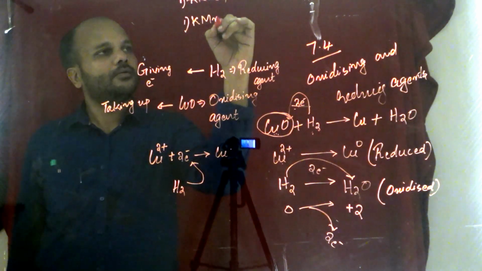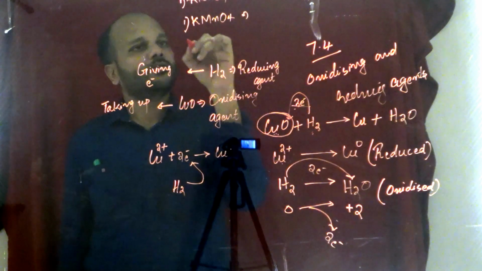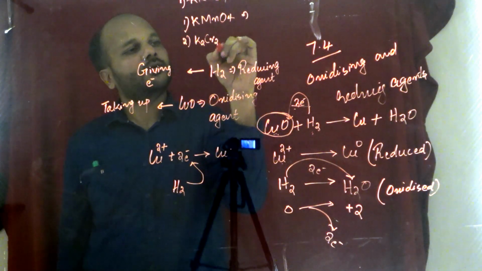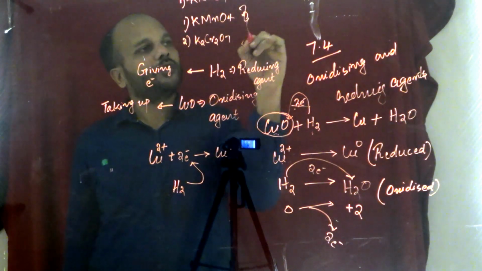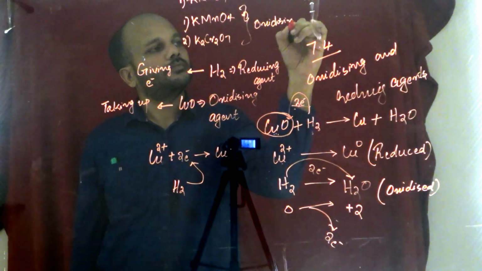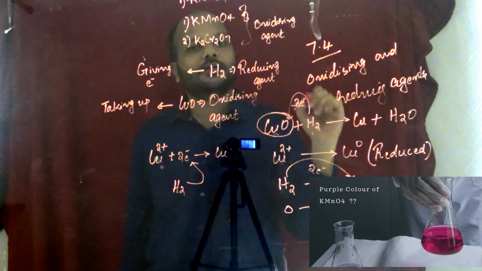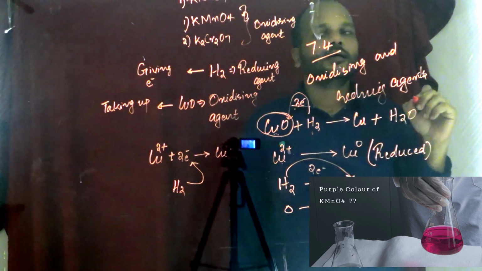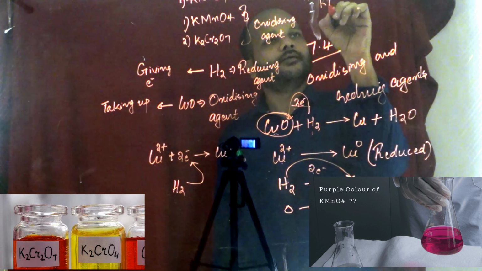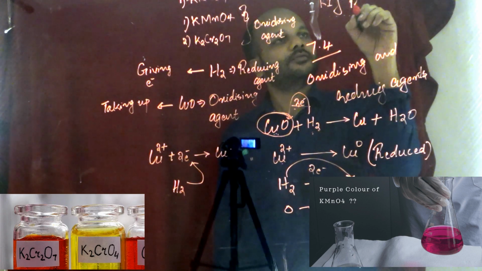This is an oxidizing agent. Potassium dichromate, K2Cr2O7. These two are oxidizing agents. Now for a reducing agent, let it be potassium iodide. So this is going to be the reducing agent.